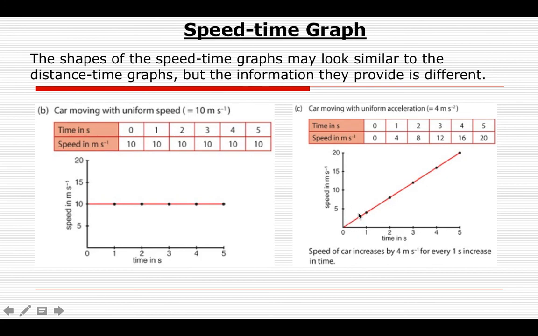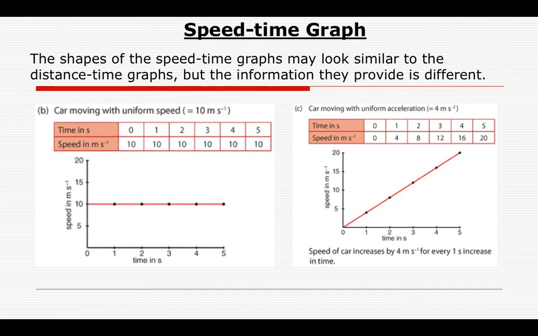Now, you could actually calculate the slope of this graph, and if I calculate the slope of this graph, the rise is going to be 20, and the run is going to be 5. So 20 over 5, which gives you 4. But what is that 4? The 4 is the rise over run, but it is change in speed over change in time, and that is actually acceleration.